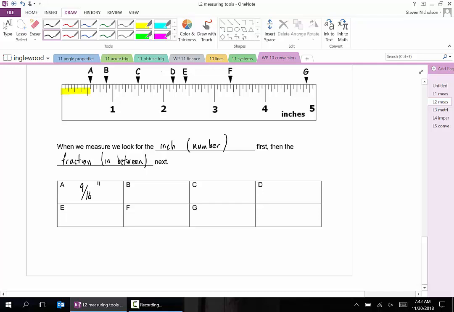And again, remember, that's 9/16 of an inch. When we look at an example like B, well, B falls on one of those bigger hash marks. And if you counted the bigger hash marks, it might look something like, well, we got 1, 2, 3, 4, 5, 6, finally 7. We have 7 of those hash marks, so each one of those hash marks is 1/8 of an inch. So B would be measured to 7/8 of an inch.